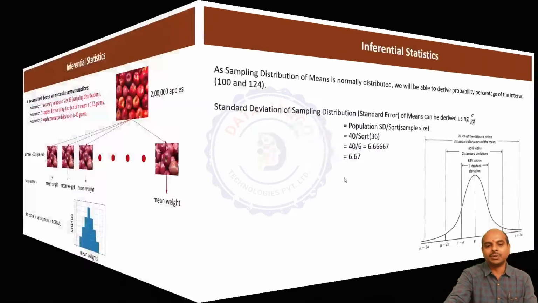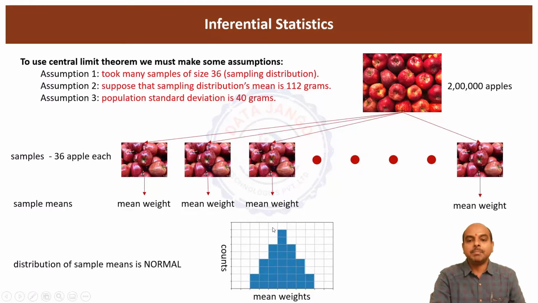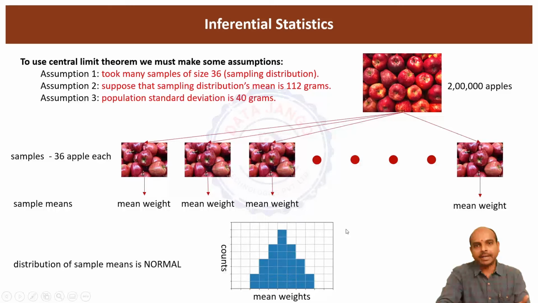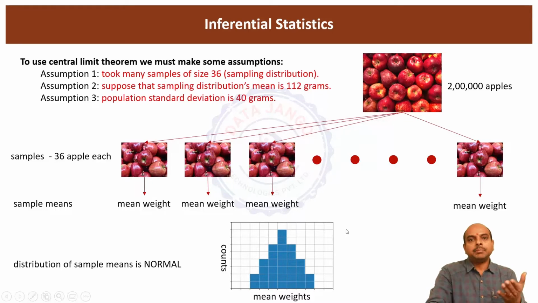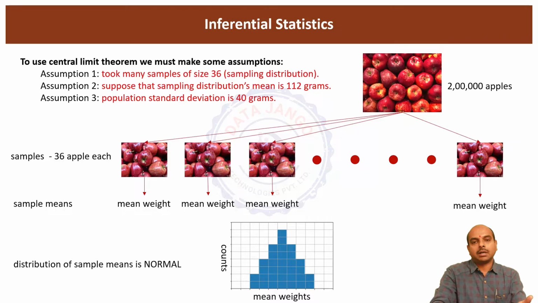When we know that the means of many samples are normally distributed, what do we need to find? We need to find whether the mean of the population is going to be within 100 and 124. That's what we need to find. We know that all the means of many samples are normally distributed.